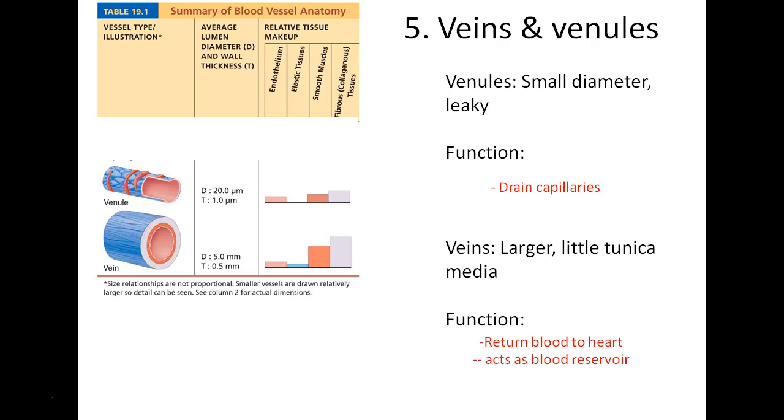These veins are going to merge into larger and larger vessels, and as we merge together, we're going to get a larger lumen diameter as they approach the heart. And these venules, on average, are about 8 to 100 micrometers in diameter. Roughly speaking, it changes names: a venule then becomes a vein when its diameter is greater than 100 micrometers.